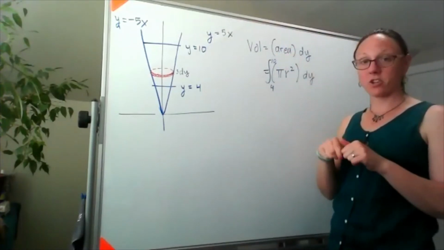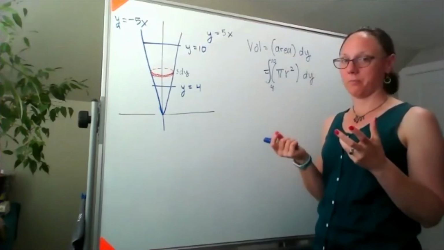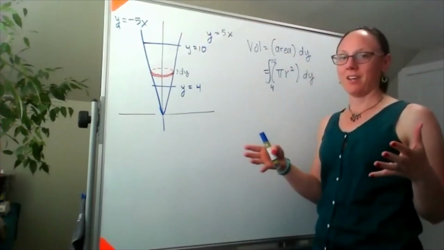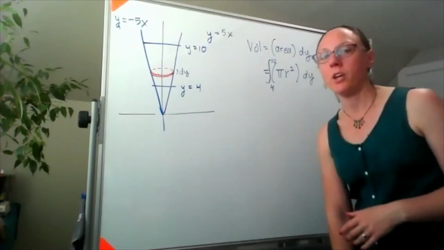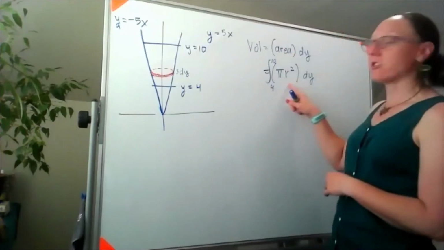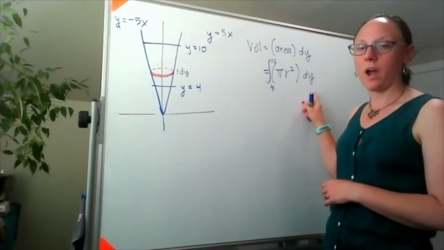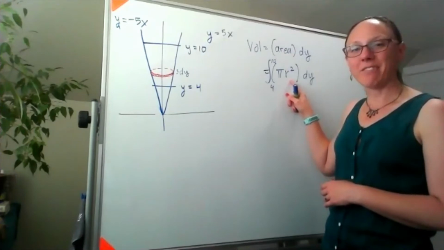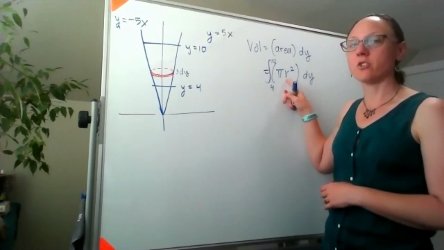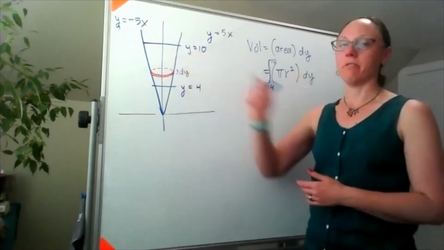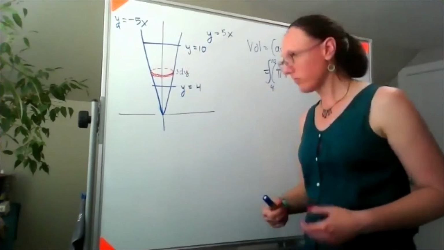Now, this gets back to the same sort of radius dilemma that we had in the previous problem: I'm about to integrate something with respect to y, so I can't leave an r in my equation. I need to write my radius in terms of the variables in the problem.